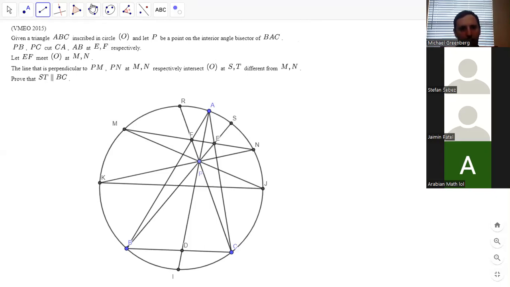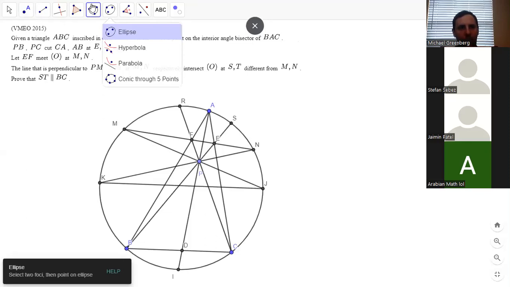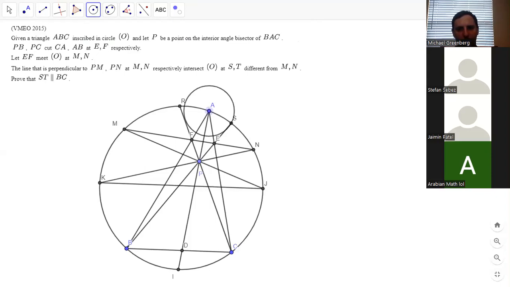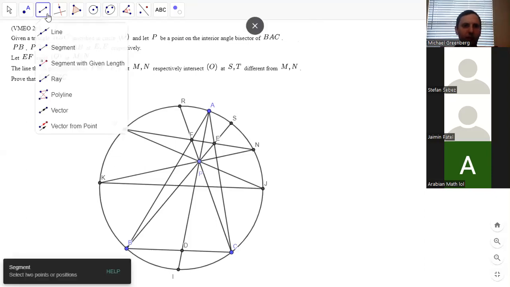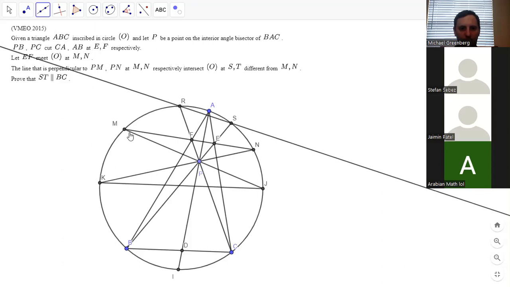I don't think A is the midpoint of RS or center of that arc, but it's worth checking. Maybe RS, MN, and KJ concur. See, RS, no, I don't think so.